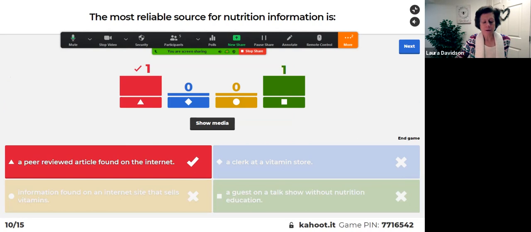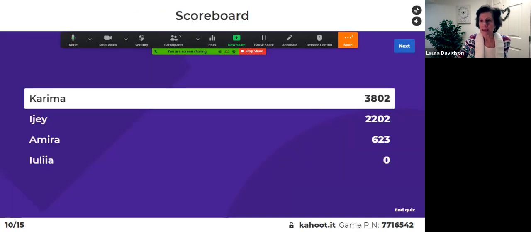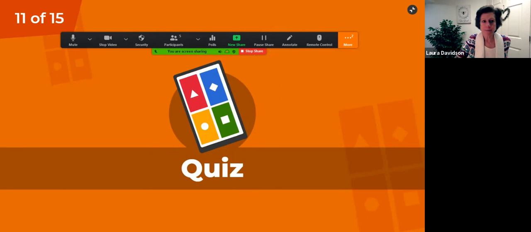Because other experts in the field review the research and it's carefully reviewed before they even publish it. Unlike something like Prevention Magazine, they don't publish anything just because it sounds exciting. A peer-reviewed article has been through a rigorous process. So that's what you want.